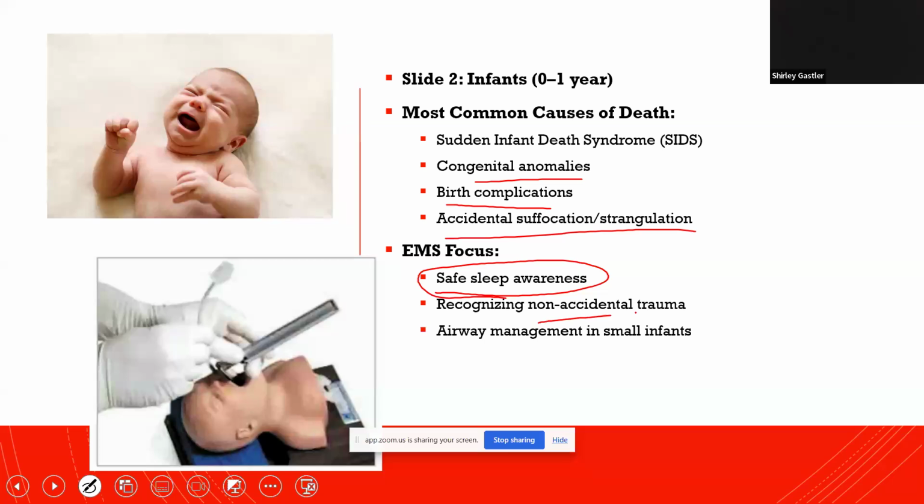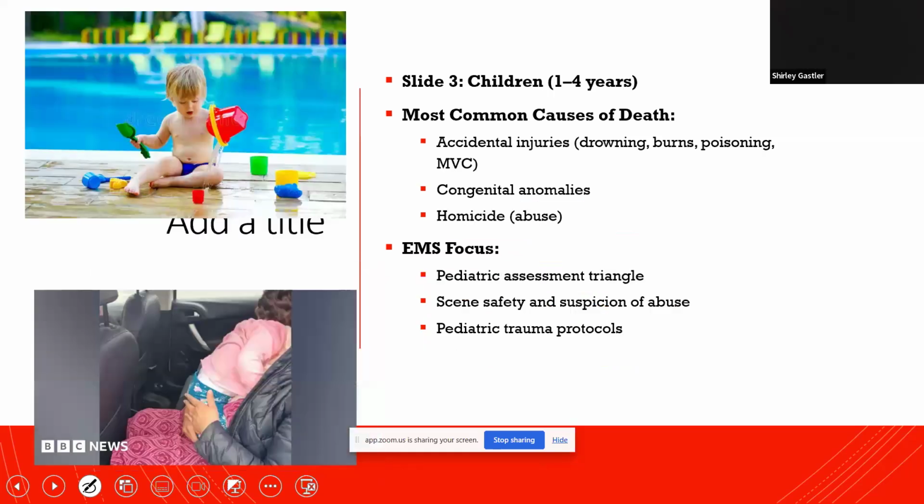Recognizing non-accidental trauma. And then, of course, the biggest thing is airway management. That's why I put this picture of the little pediatric patient at the very bottom. Knowing our airway management, especially for 0 to 5, but 0 to 1, the most common cause of death is actually respiratory, not cardiac, of course.